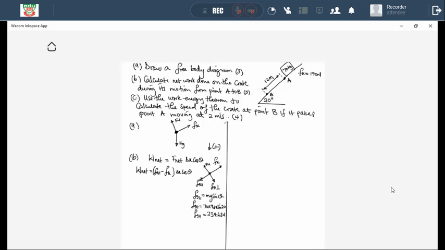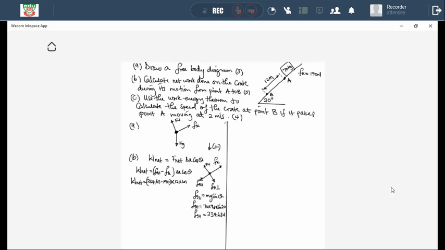So we need to substitute that in our formula. W net is equal to 234,63 minus our friction, which is 190. It's given. Multiply by displacement, which is 12, times cos theta.